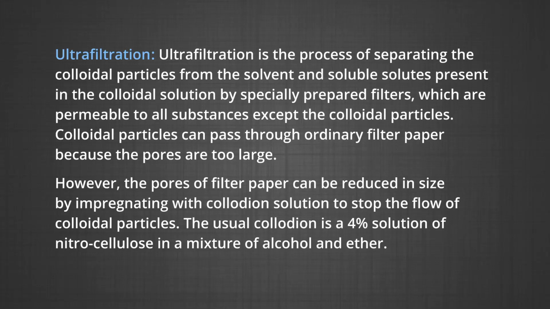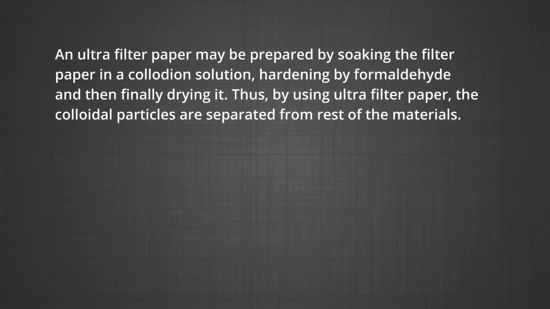The usual collodion is a 4% solution of nitrocellulose in a mixture of alcohol and ether. An ultrafilter paper may be prepared by soaking the filter paper in a collodion solution, hardening it by formaldehyde and then finally drying it. Thus, by using ultrafilter paper, the colloidal particles are separated from the rest of the materials.